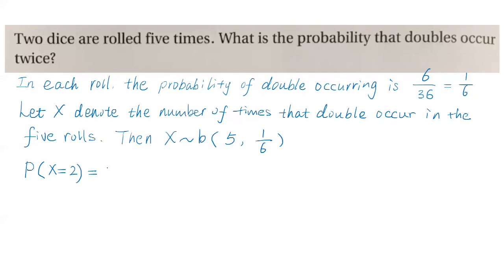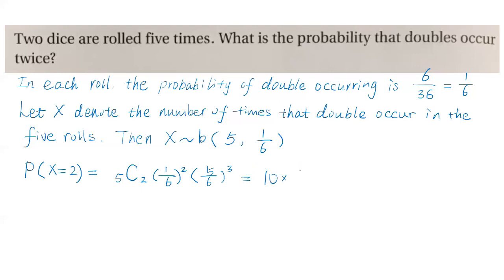Okay, according to the binomial formula, the probability of X being 2 is C5(2) times 1/6 squared times 5/6 cubed, right?